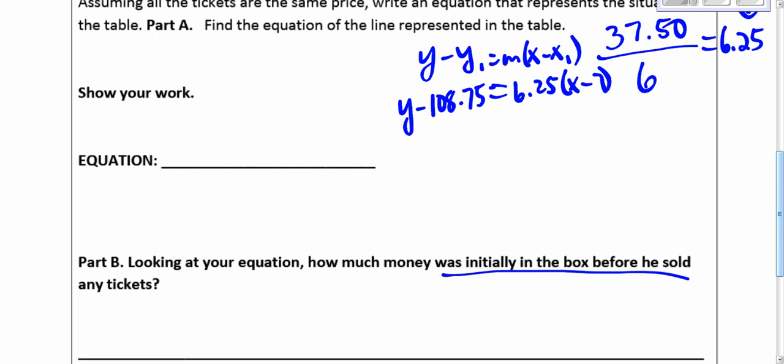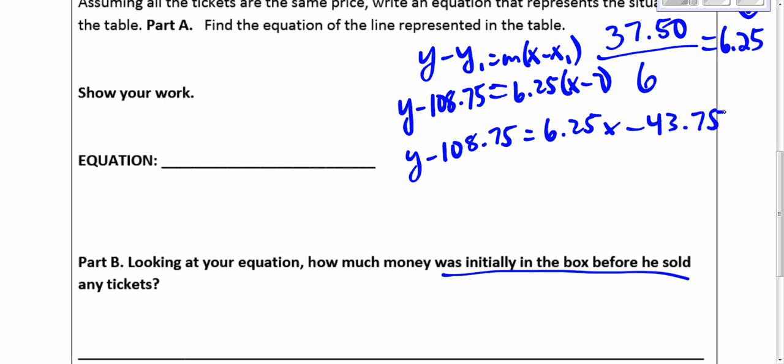So the first thing I'm going to do is the distributive property on the right side. So y minus 108.75 equals 6.25x minus 43.75. And then I'm going to add 108.75 to both sides.